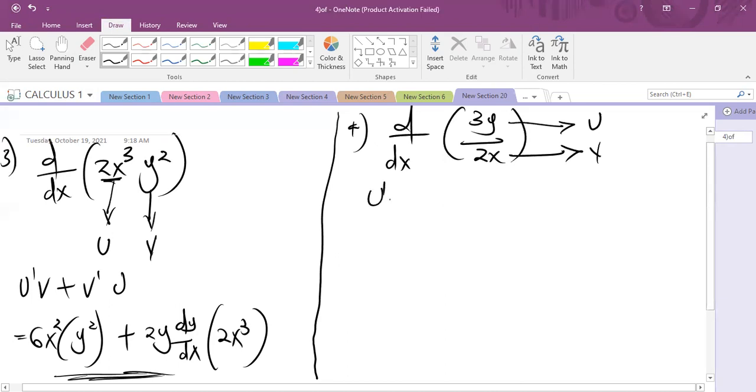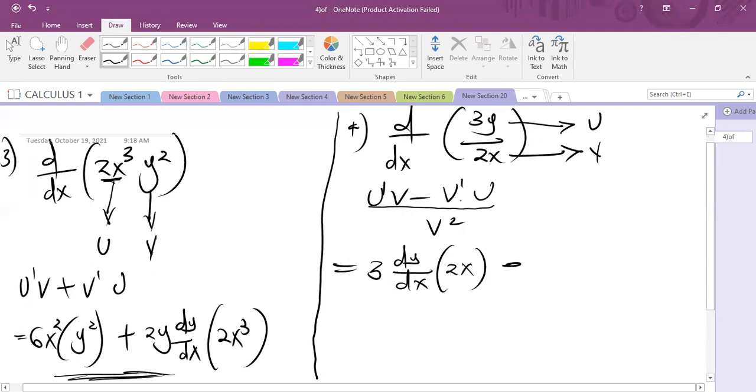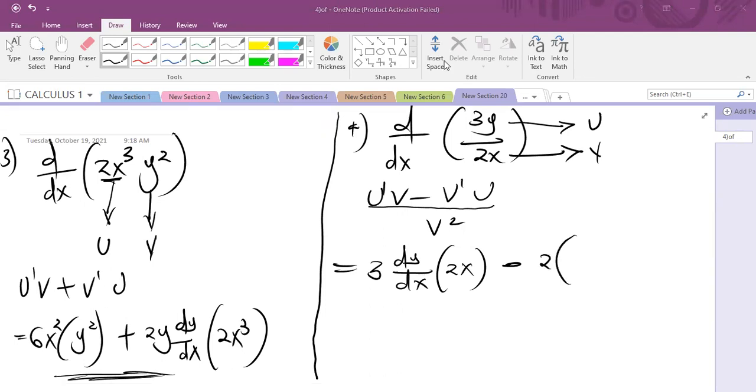So the formula is u'v - v'u, all this divided by v squared. Okay, let's go. What is u prime? If you differentiate 3y, you will get 3 dy/dx, multiplied with v, which is 2x, minus v prime. Differentiating 2x, you get 2, multiplied with u, which is 3y.